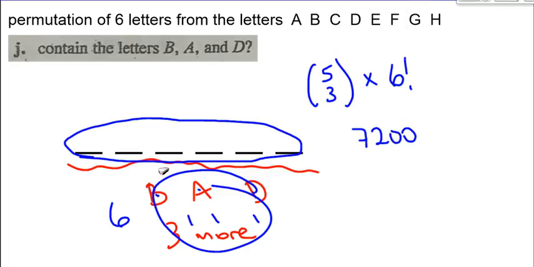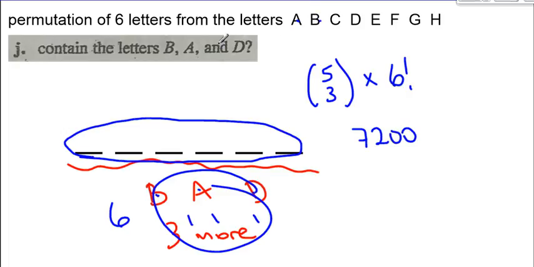So the other way I was thinking about doing it was to count all the ways that do not contain the letters B-A-D. The problem is that that's pretty confusing. Let me think. Is that actually going to work? Because the problem is I'm allowed to include A and B. I'm thinking of the opposite, right?